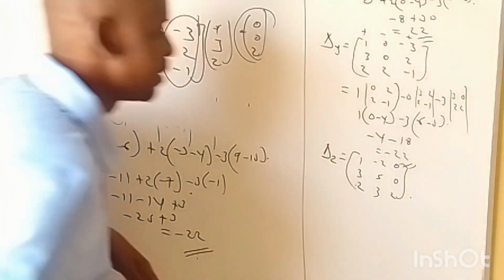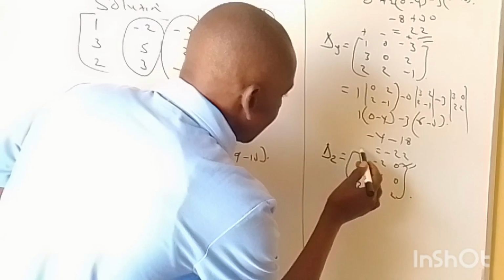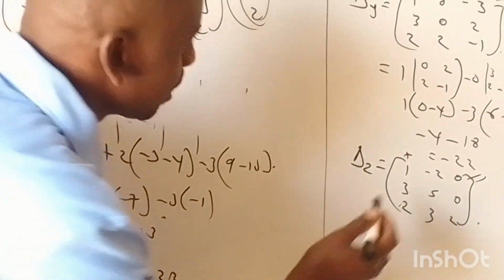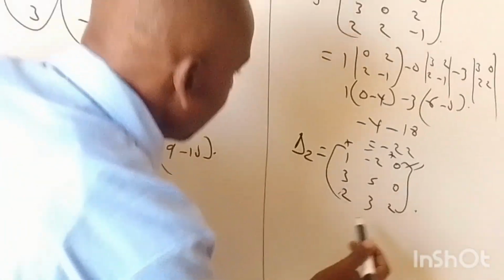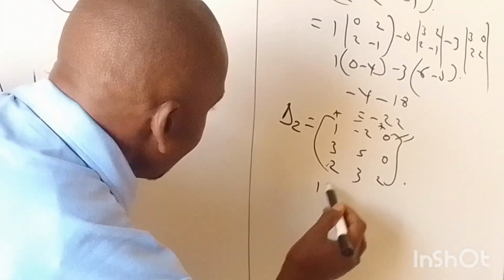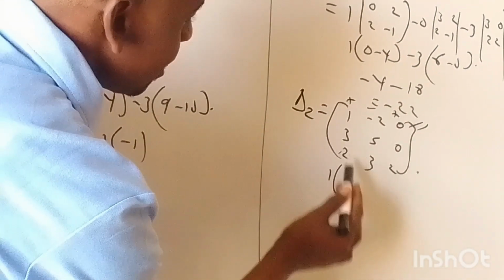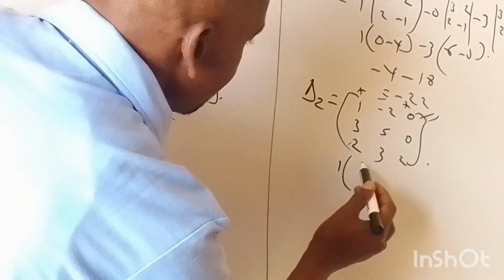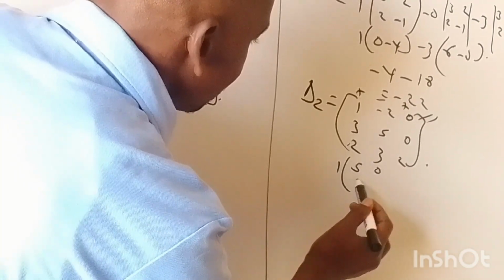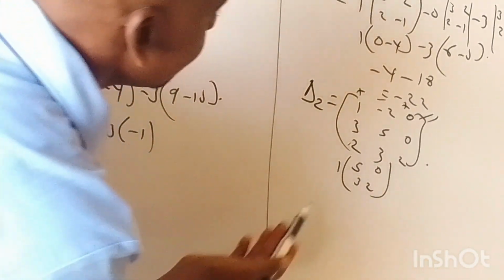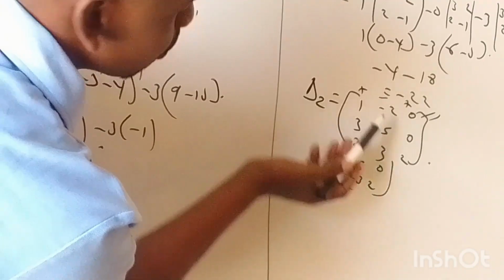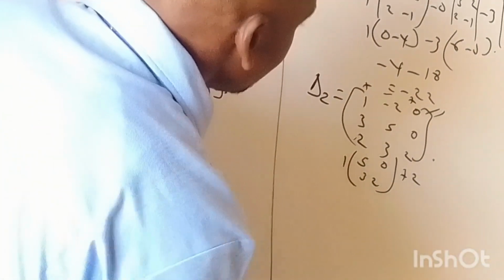So we just follow the same procedure. Don't forget the signs, which are plus, negative, and plus. So we take that 1, then eliminate the way we have done before. The matrix remaining is 5, 0, 3, 2. Then this is a negative, and this is a negative 2, so it becomes a plus 2.